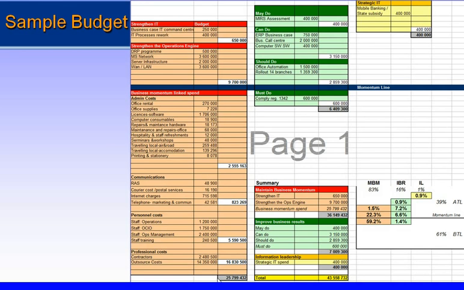So that is just the money needed to be spent in order to run the operational engine. However, if you have a look on this side here under improved business results, you can see that some 600,000 also needs to be spent in order to comply with this arbitrary regulation that I've put in there.